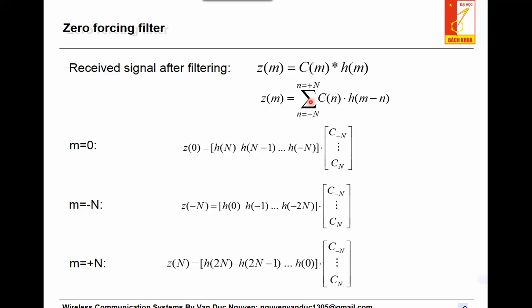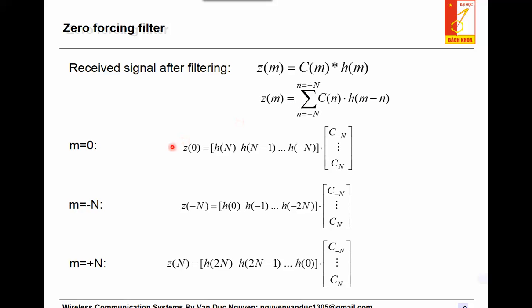And we observe for the 2N plus 1 taps. Now suppose that m is equal to 0, and replacing m equal to 0 in this equation. It's a little bit mathematically heavy, so you need to follow so that you can understand.